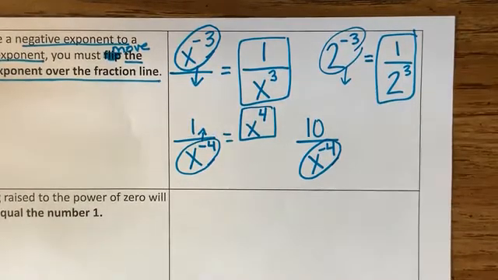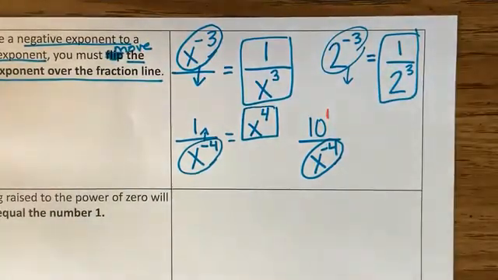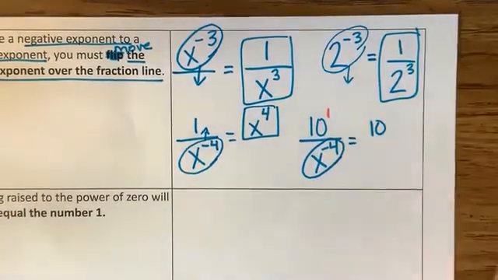What's the exponent of the 10? A 1. So does it need to move to the bottom? No. That doesn't move to the bottom because it doesn't have a negative exponent. So you're not flipping the whole fraction. You're just moving the base that has the negative exponent. So the 10 would stay in the numerator.